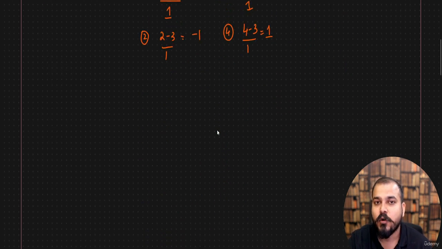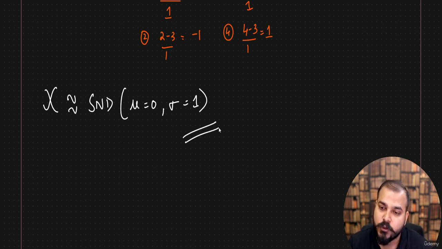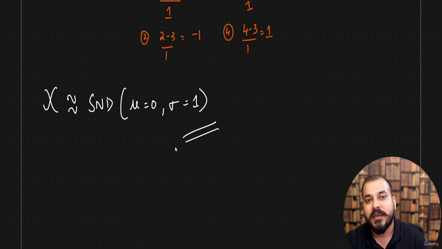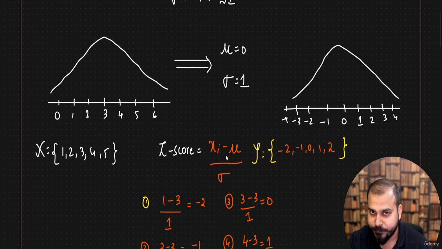But let me write the notation over here. A random variable belongs to a standard normal distribution if its mean is equal to 0 and standard deviation equal to 1, right? So any distribution that belongs to a standard normal distribution has a mean of 0 and standard deviation of 1.